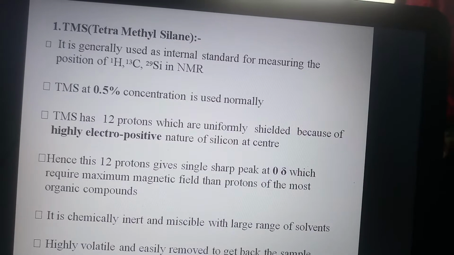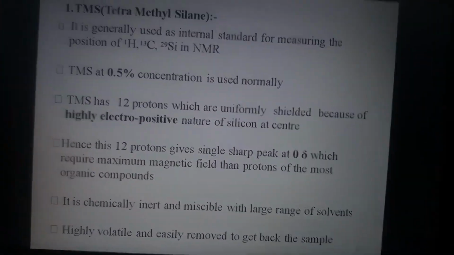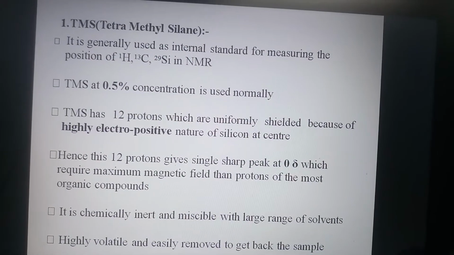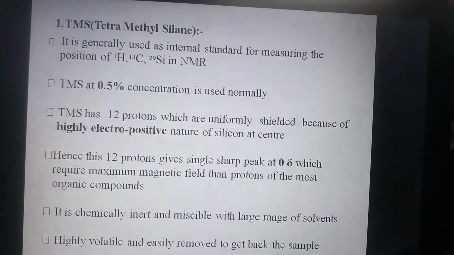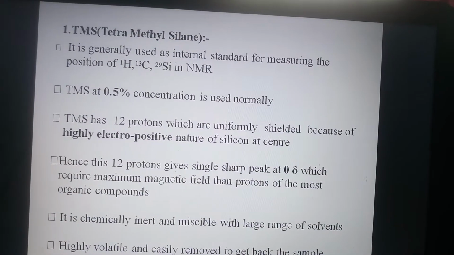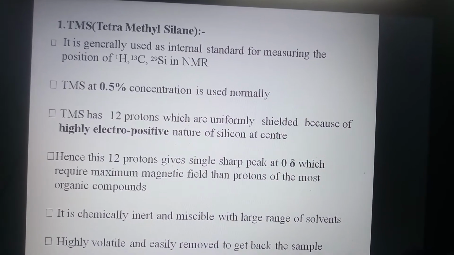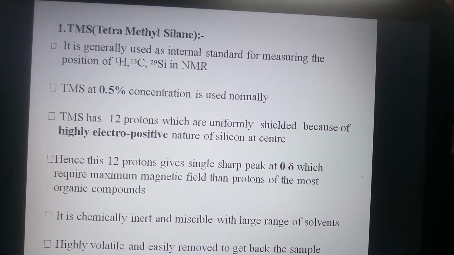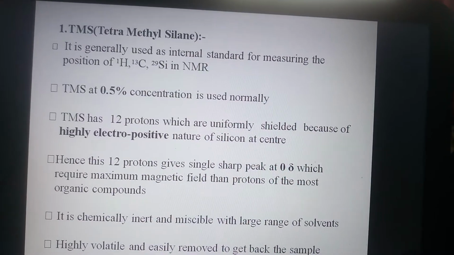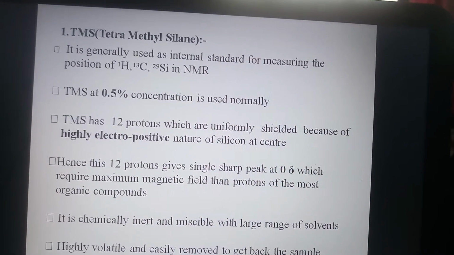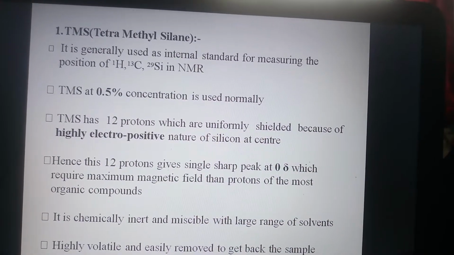All these criteria are met by TMS, that is tetramethylsilane. It is generally used as an internal standard for measuring the position of proton, 13C and 29Si in NMR. TMS at 0.5% concentration is used normally.